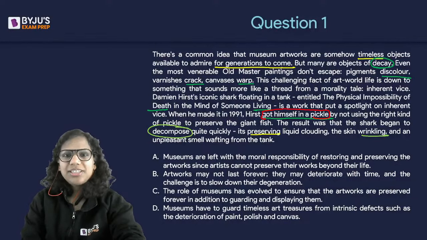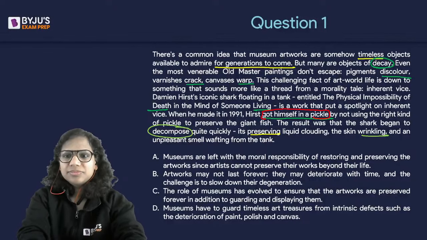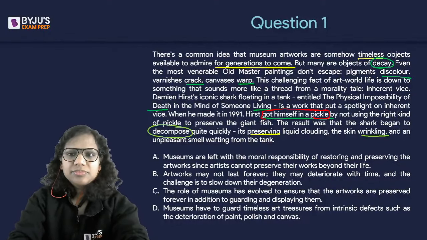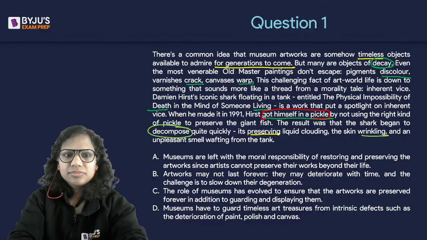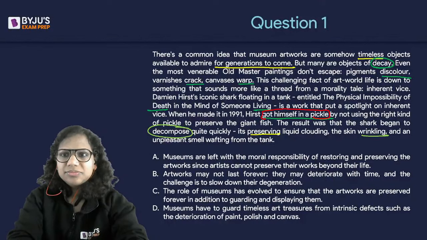Sai, what do you say? Tell me. I want more responses. Come on.